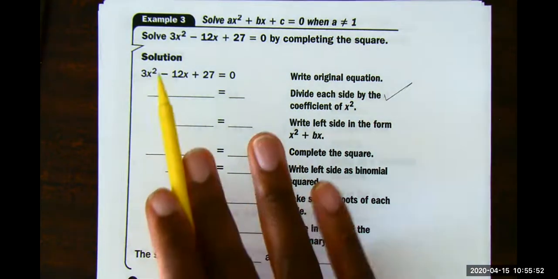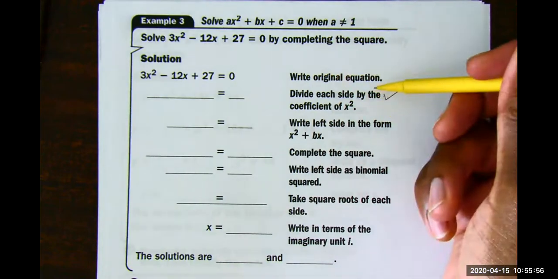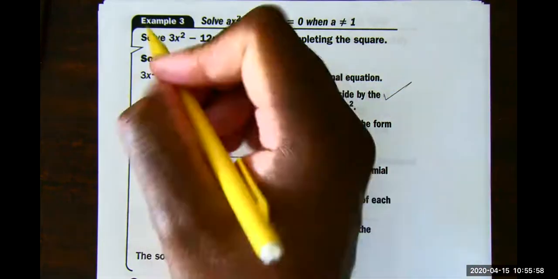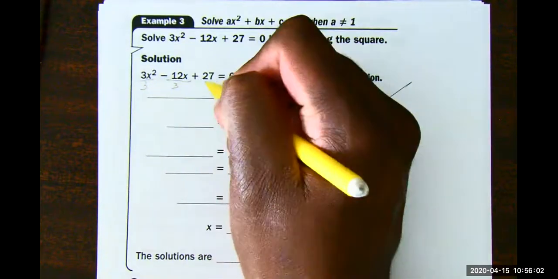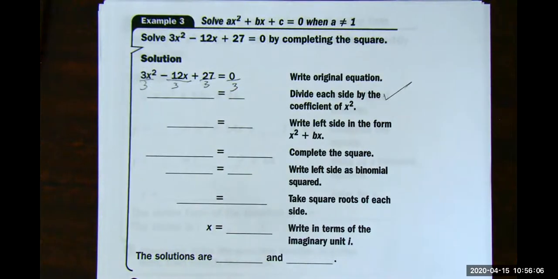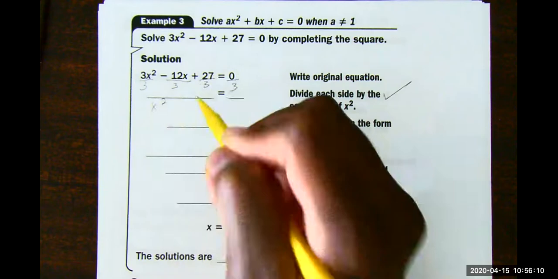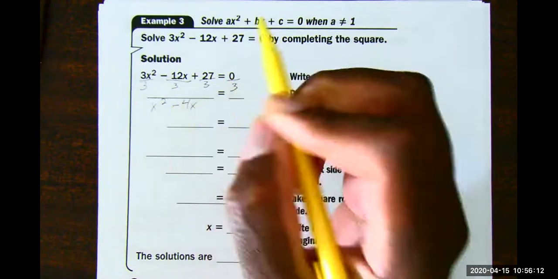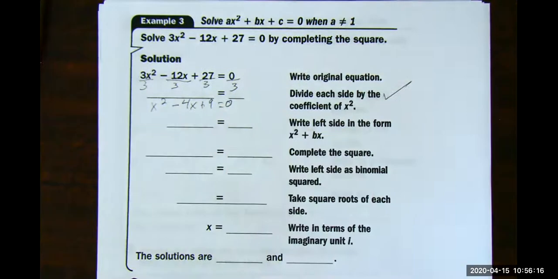If this were 1, dividing everything by 1 wouldn't do anything. But to turn a into 1, we literally divide everything by whatever a is if it's a number other than 1. So we are left with x squared minus 4x plus 9 equals 0, because 0 divided by 3 is 0.